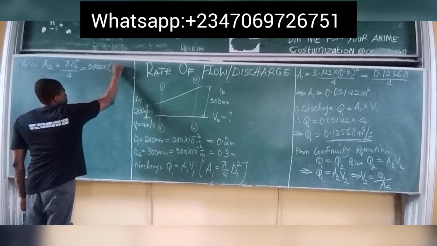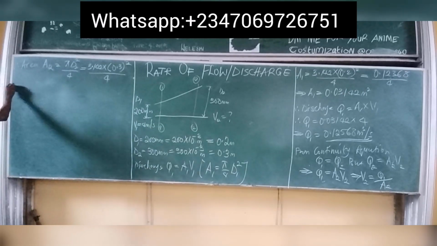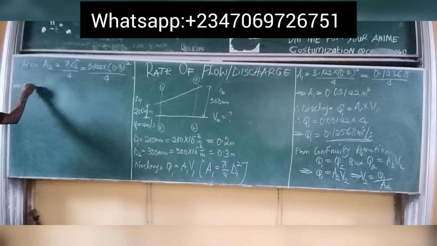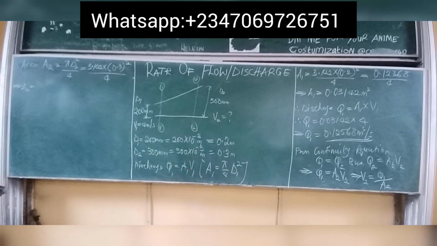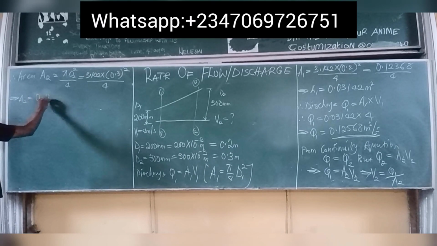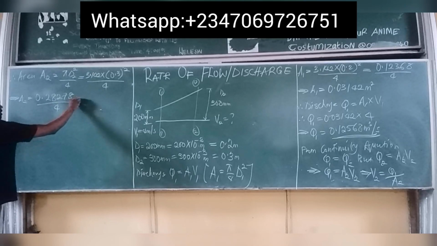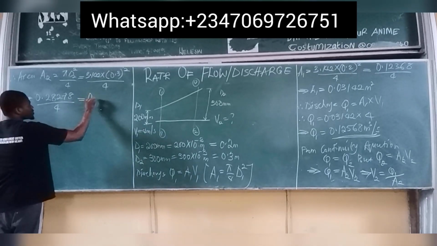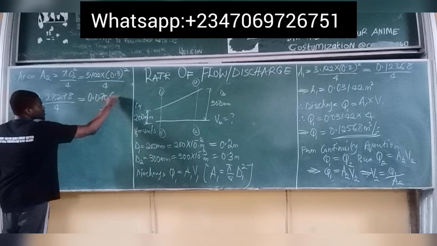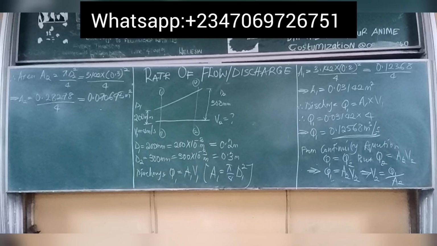So we have 0.3 all squared divided by 4. This is 3.142 multiplied by 0.3 squared, which gives us 0.28278 all over 4. That gives us 0.070695 meters squared. So this becomes the area at section 2.